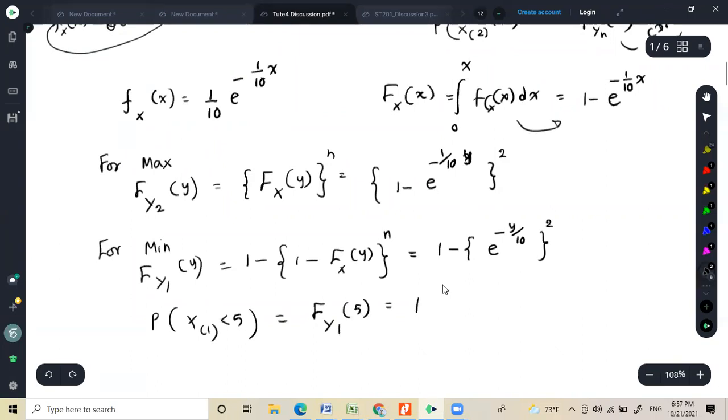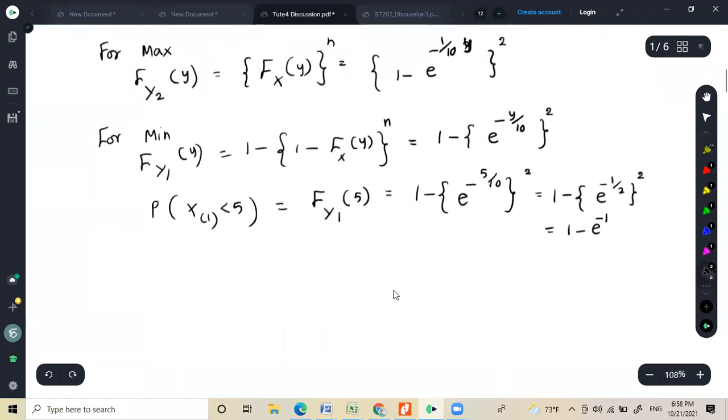So here's the minimum, 1 minus e to the negative y over 10, to the power 2, evaluated at 5. You get 1 minus (e to the negative 1 over 2) squared, which becomes 1 minus e to the negative 1. That is the probability that the minimum is less than 5.